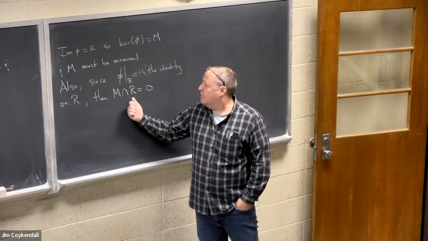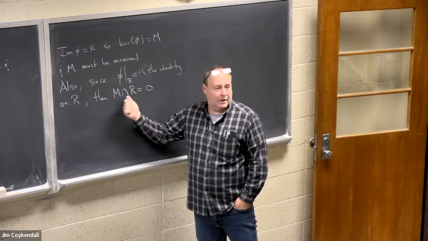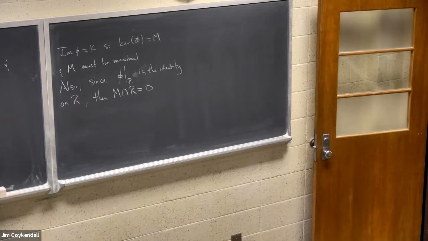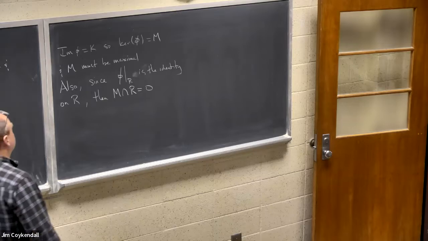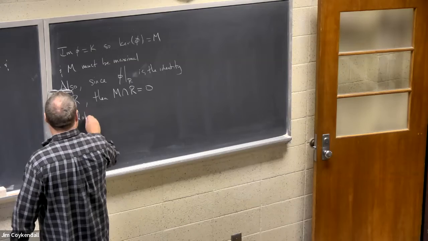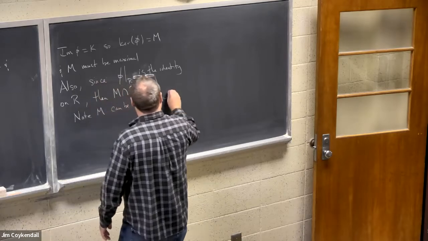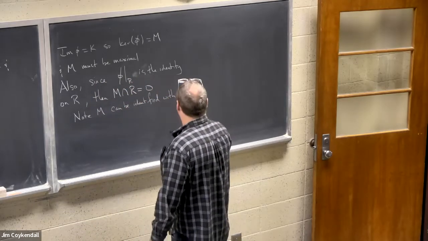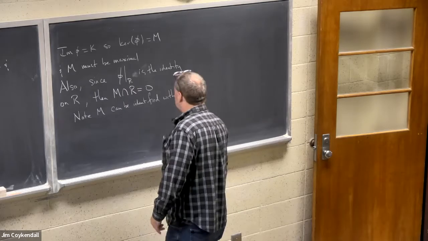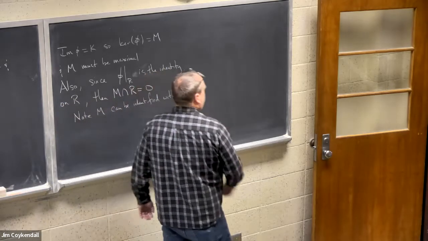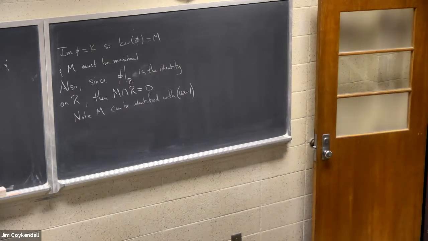The reason is that if M intersect R is not zero, if there's something in the kernel and in R, then that contradicts the fact that this restriction is one-to-one. Note that this has some similarities to that example I did with the valuation domain.